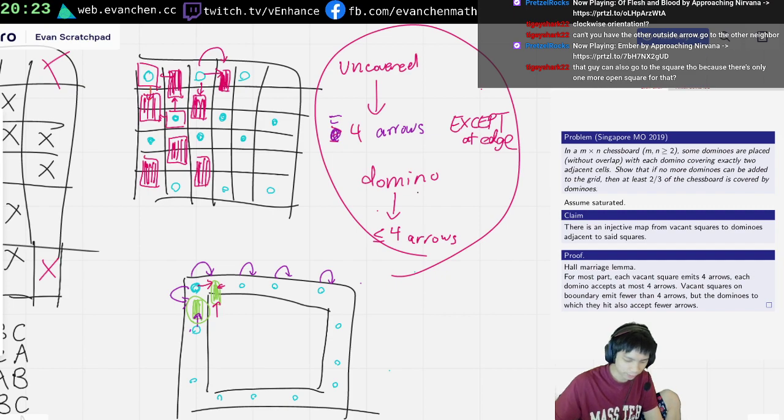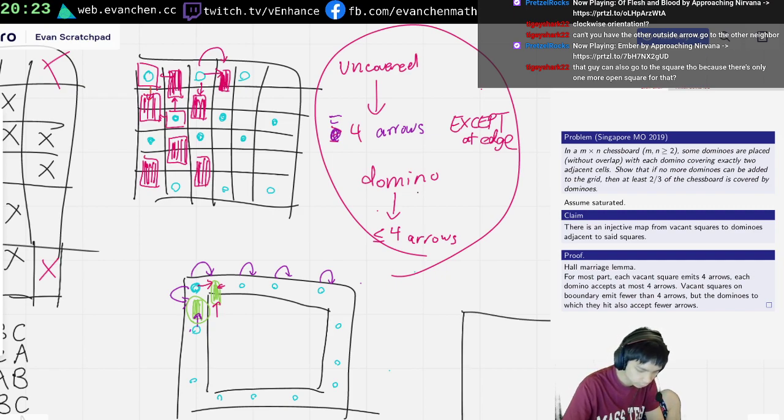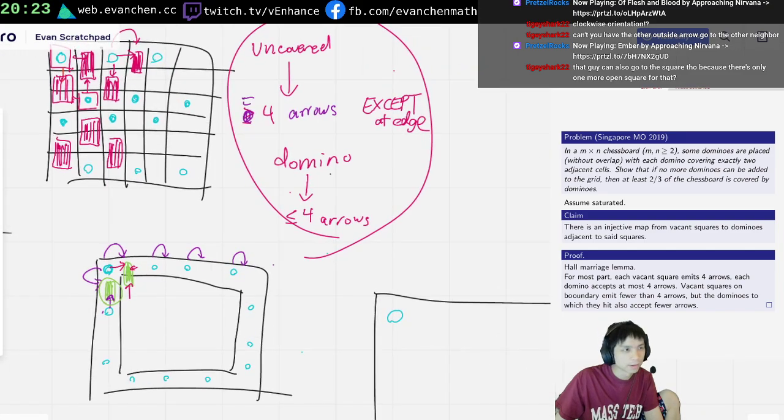Alright, let me... Let's just zoom into that area. That's the part that's giving us trouble. Okay, so vacant corner.